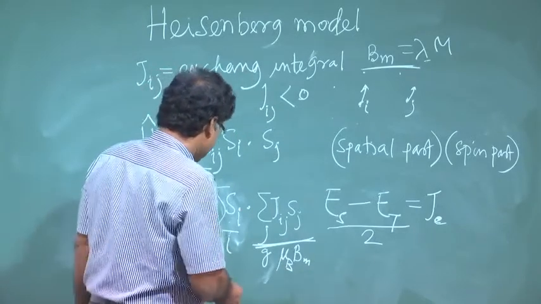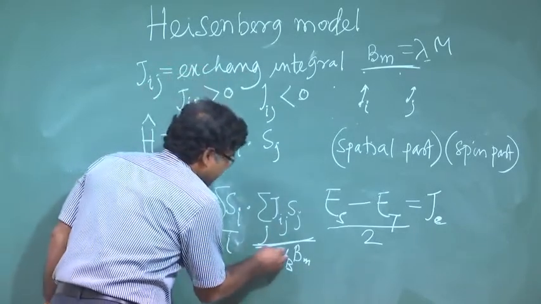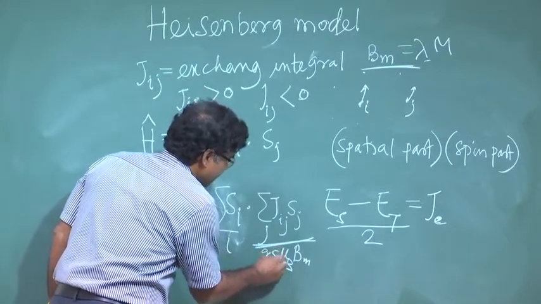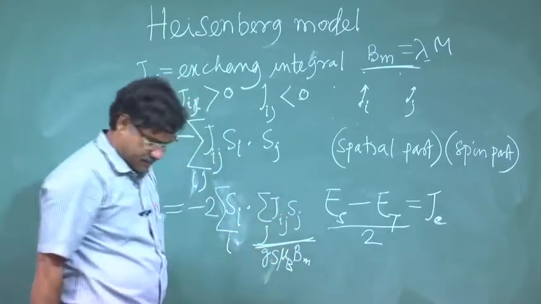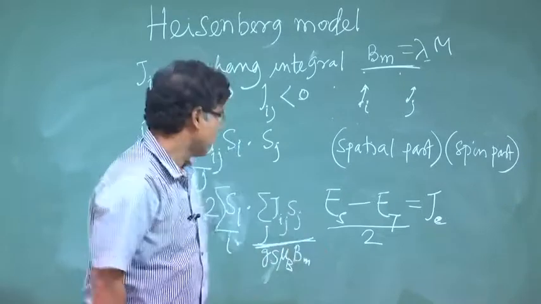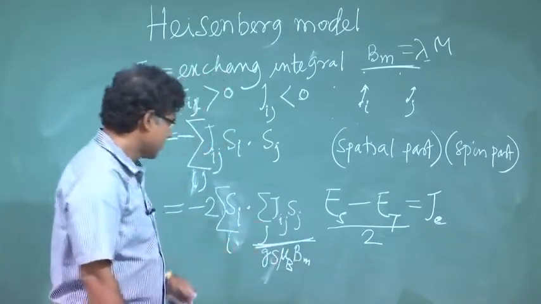I think I have to put G s mu B, yes, I have to put G s mu B, because here I am considering only spin.